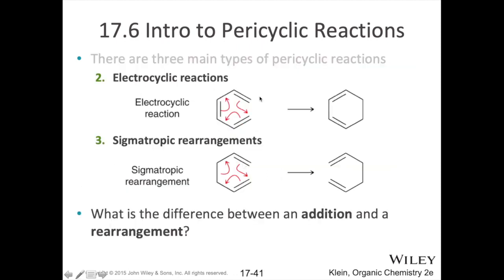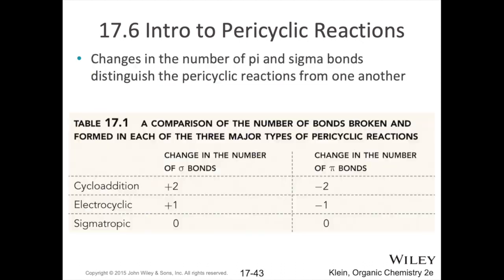Now look at our electrocyclic reaction here. Notice that we've gone from 3 pi bonds to 2 pi bonds, and we've added a sigma bond over here. So we've lost a pi bond, but we've gained a sigma bond. So that's the difference there. A cycloaddition involves a change of 2 sigma bonds and a change of 2 pi bonds, whereas an electrocyclic reaction involves a change of 1 of each.